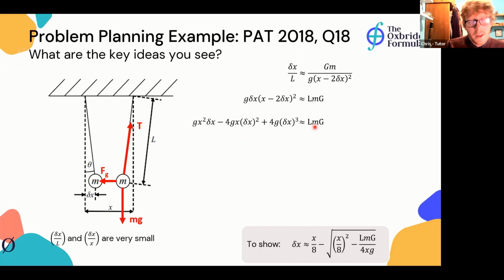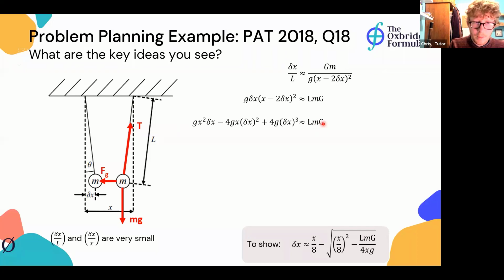But okay, there's kind of two things that suggest what we might want to do next. The first is, if we look at what we want to show, we said we've got our LMG, but in the answer, the LMG is all over 4x little g. So maybe we would want to divide by 4x little g in order to get the term looking like that. And there's another reason that's a good thing to do, which is, well, there's actually two.